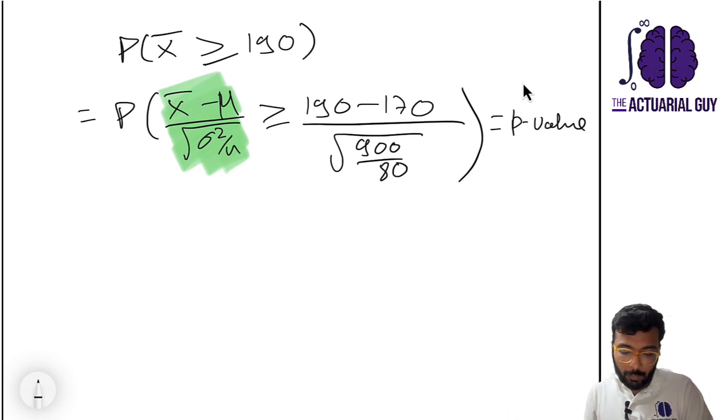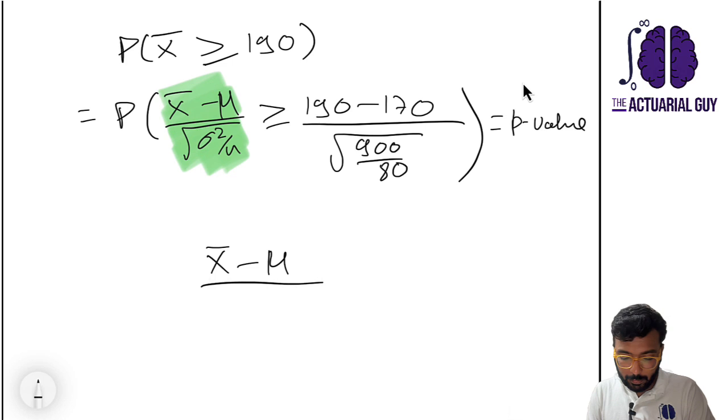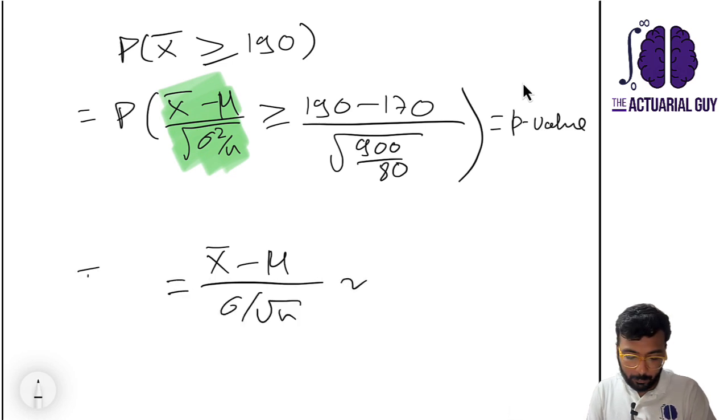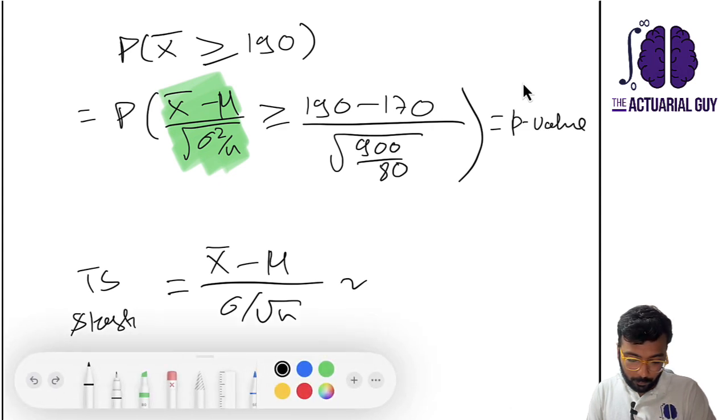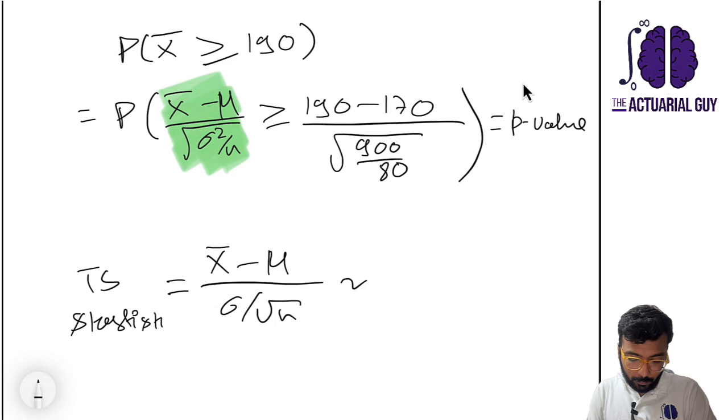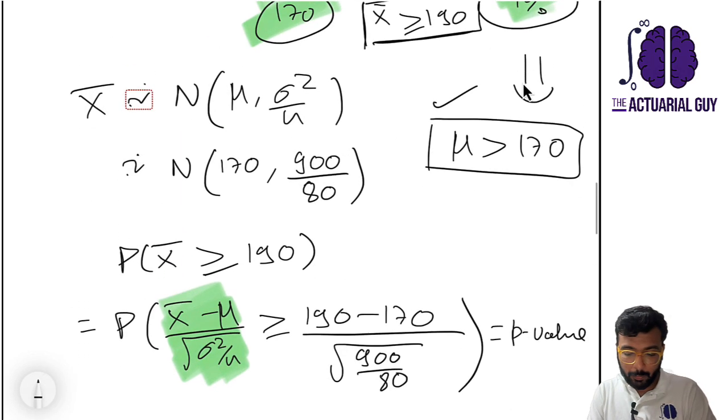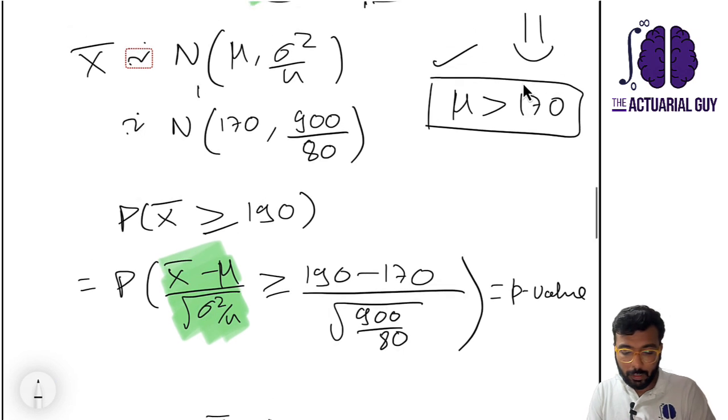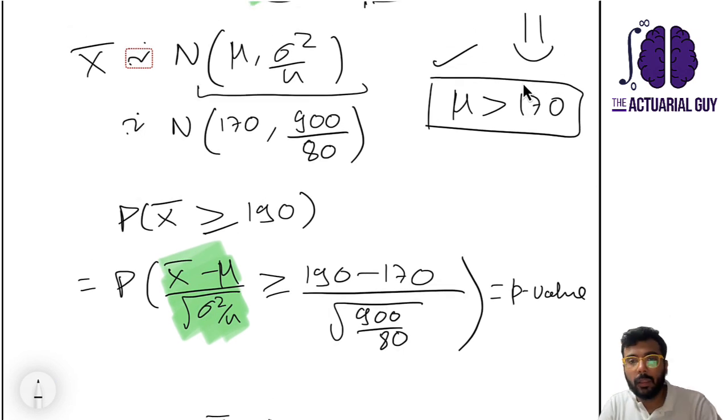Going forward, we would just say that x bar minus mu divided by sigma by root n is my test statistic. And this has a normal 0, 1 distribution, because I have changed the origin and the scale.